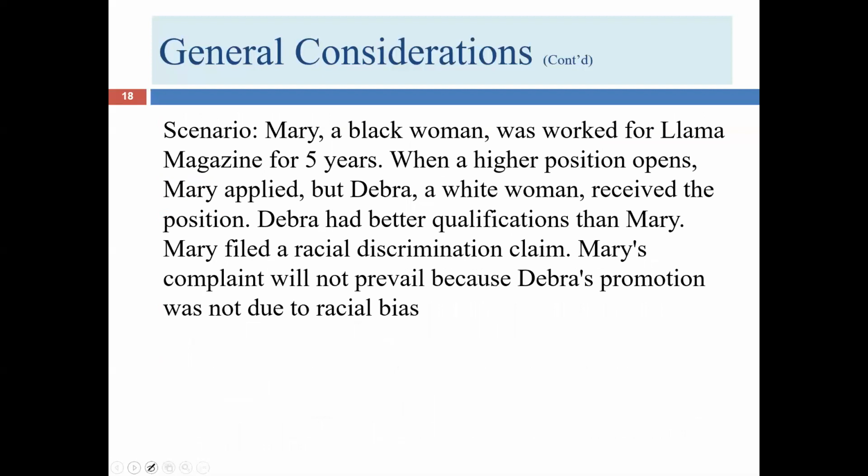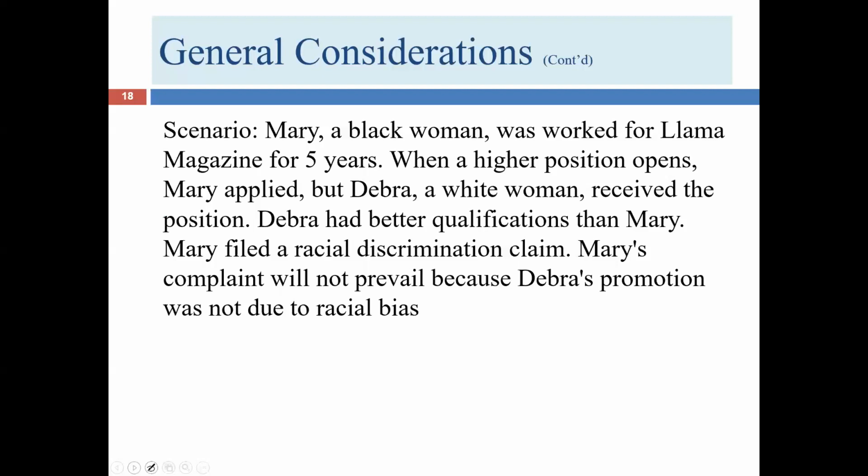Okay, so Mary is a Black woman. She works for Llama Magazine for 5 years. She applies for a promotion, but Deborah, a white woman, actually gets the job. Deborah has better qualifications than Mary. Maybe she has a longer period of time with the employer. Maybe she has more academic experience. Maybe she has better job appraisals.